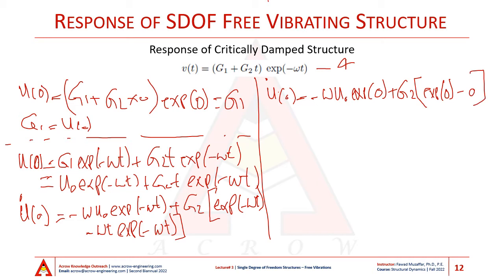And if I solve the above equation for G2, what we will have is G2 is equal to u dot naught plus omega u naught.